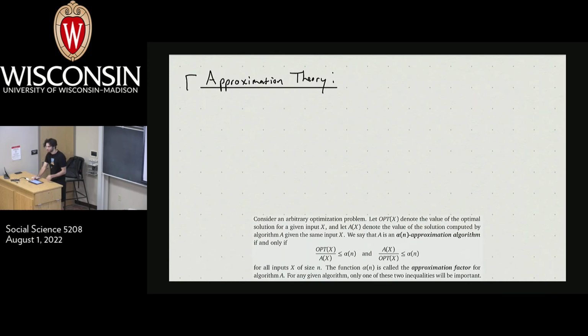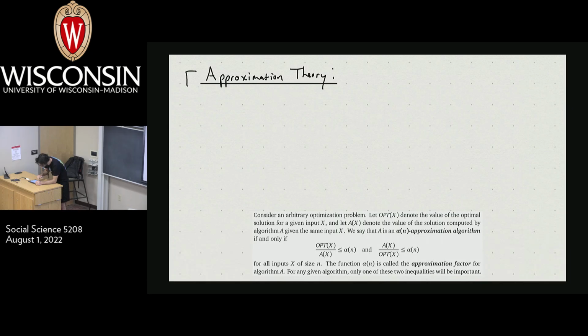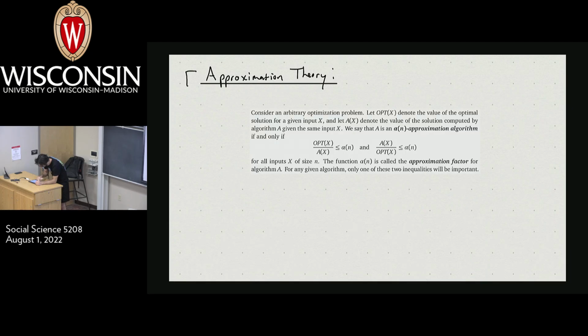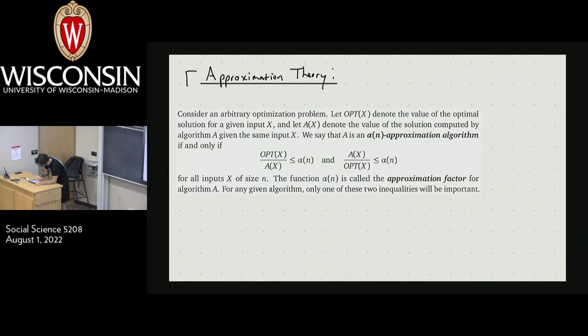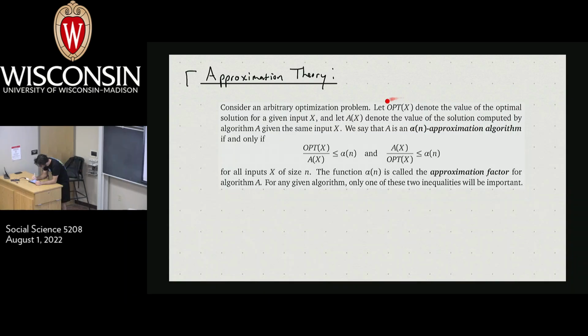Of course, we need a formal framework for this. So we're going to consider optimization problems. I'm going to let opt of x denote the optimal solution value for a specific input instance to the problem. This problem could be something like min vertex cover, max independent set, the file sorting problem, just any kind of optimization problem we want to solve.